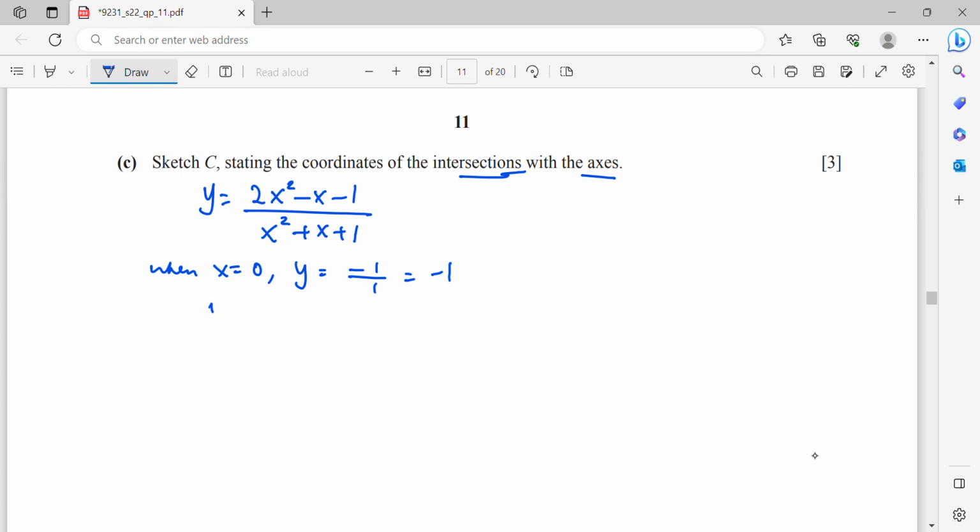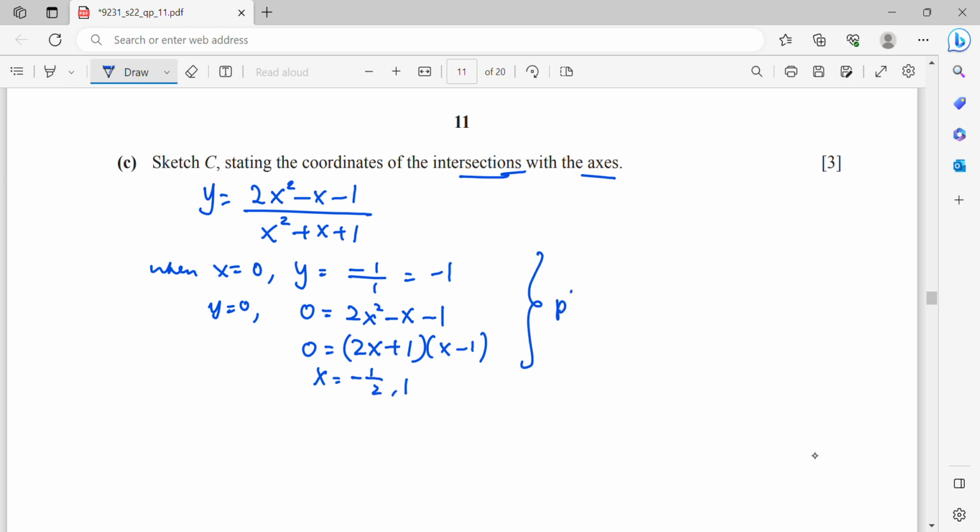When y equals 0, 0 is 2x squared minus x minus 1, so 0 equals (2x plus 1)(x minus 1). Therefore x equals negative half and 1. So I get the points (0, minus 1), (negative half, 0), and (1, 0). These are the intersection points with the axes.